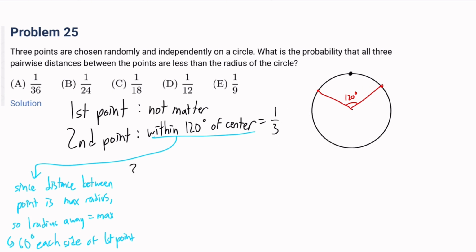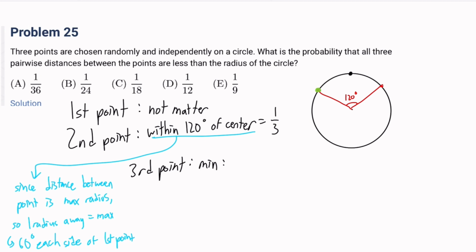And for the third point, we have a minimum and a maximum, right? The minimum would be when the second point is on here or on here, right? If that happens, then the distances have to be less than the radius of the circle. So the last point would have to be within here somewhere, so that would be 1/6 of the whole thing.